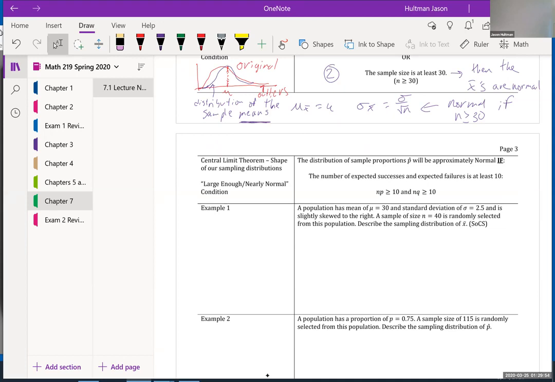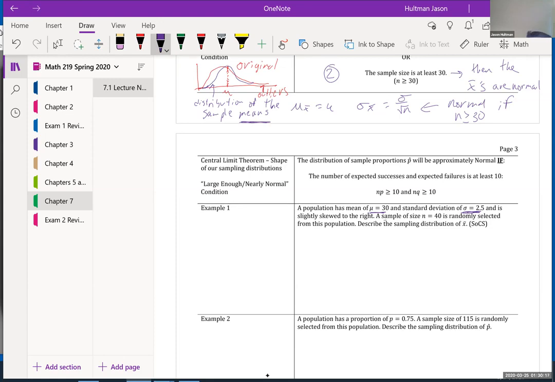Okay, a population has mean mu equals 30 and standard deviation sigma equals 2.5. And it is slightly skewed to the right.